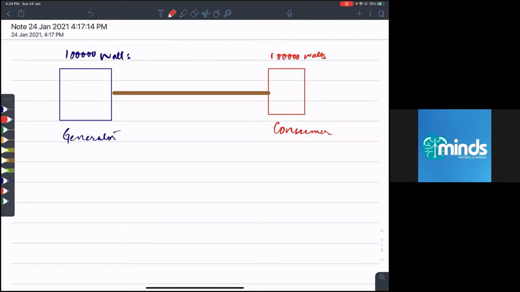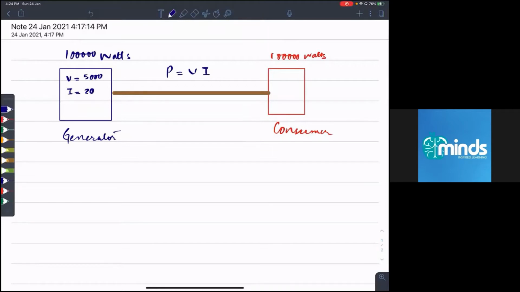Remember the equation? P is equal to VI. So it means that when this 100,000 watts of power is generated, there must be some value of potential difference and some value of current. Let's say the value of potential difference is 5,000 and the value of current is, let's say, 20.